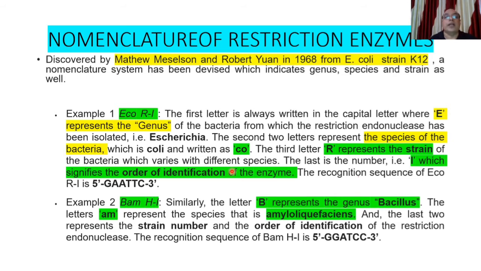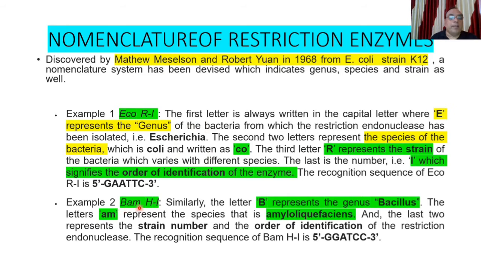If it represents the second enzyme to be identified from that bacteria, then you will have 2. If third, then you have 3. So these numbers 1, 2, 3 represent the sequence, the order in which that enzyme has been discovered from the bacteria.